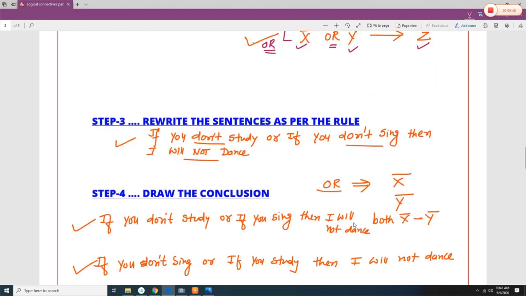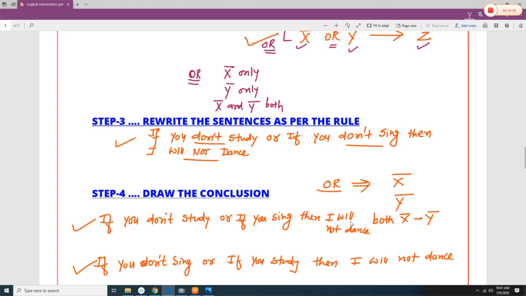Now, the first 3 sentences are possible when the OR is given: X bar only, Y bar only, and X bar and Y bar both.